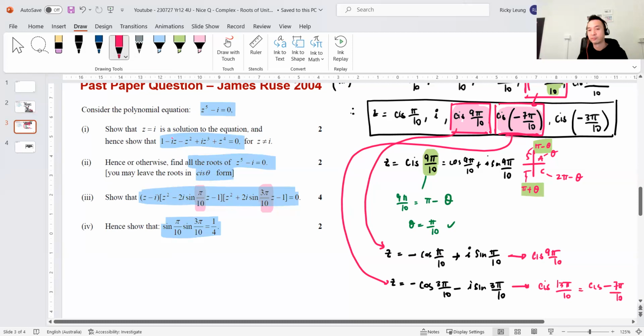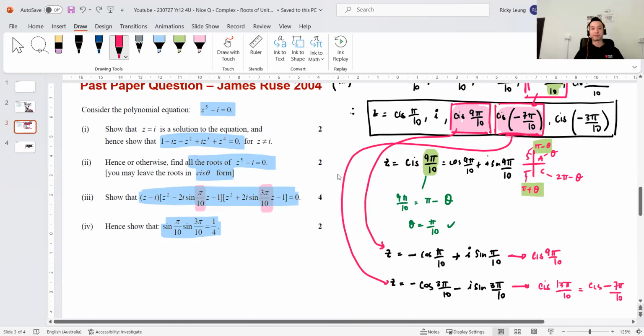So I've replaced these 2 pink ones with these ones. So now I've got 1, 2, 3, 4, 5, of which 2 of them have pi on 10s and 2 of them have 3 pi on 10s as the argument, and the other one is i. So now let's put it all together.